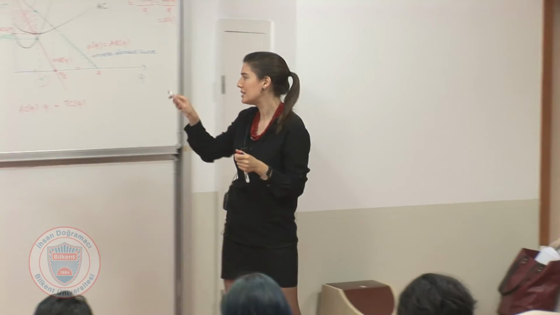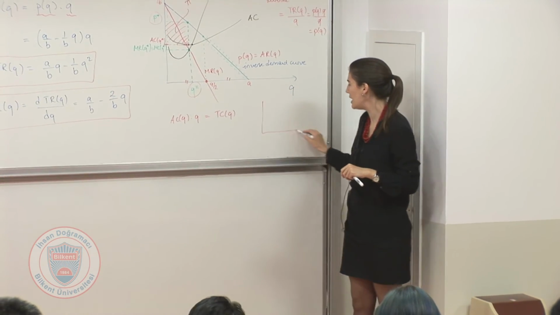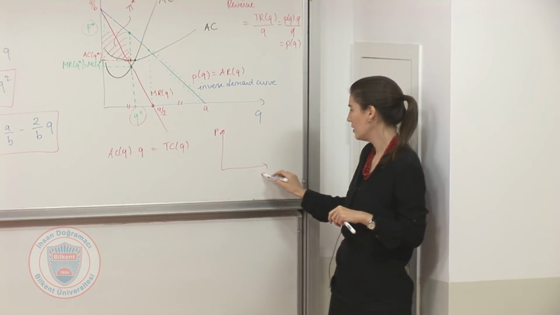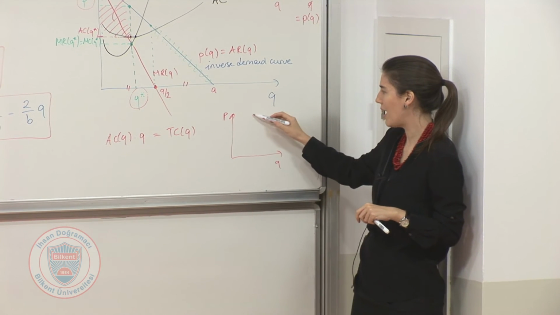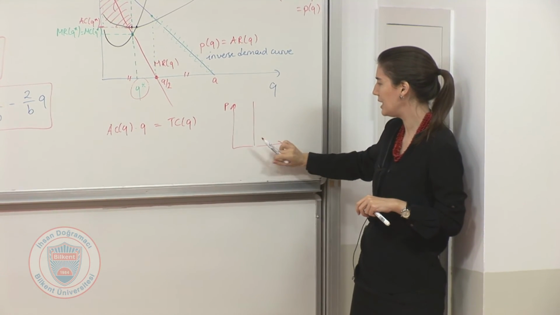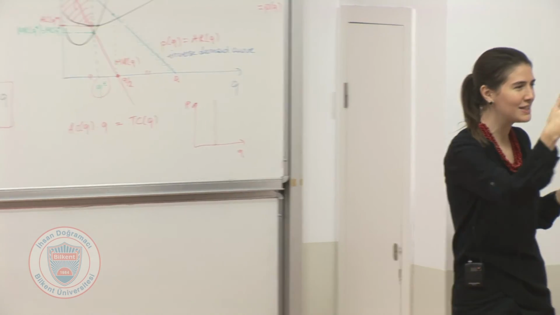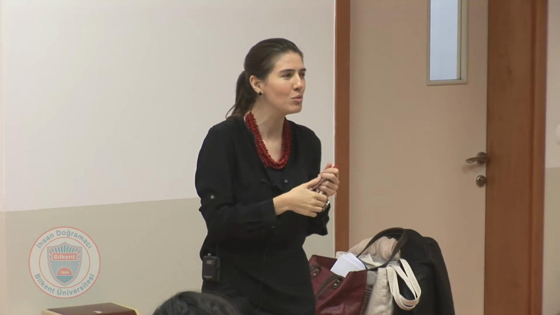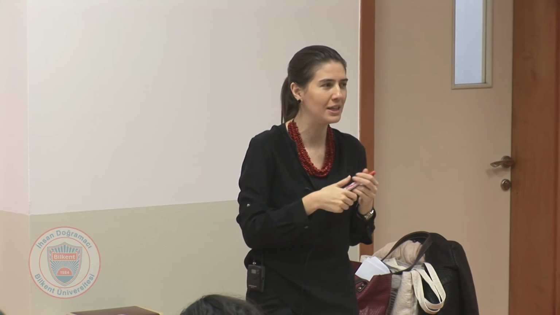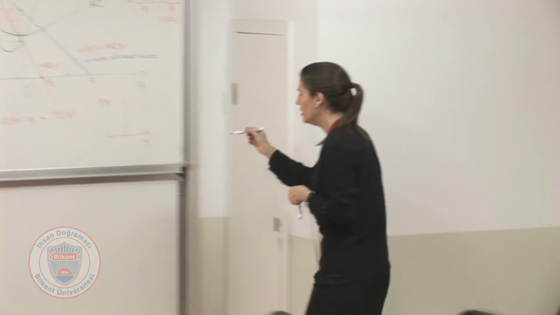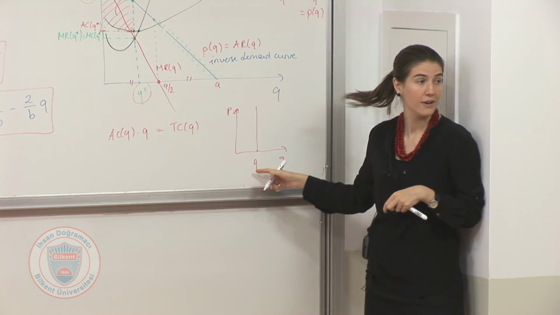Perfect. But what you are saying is this: we have this P and Q, and I have a perfectly inelastic demand, right? Then, of course, you can set the price as much as you want, and you're going to make infinite profits, okay? But here, do you decide on quantity?